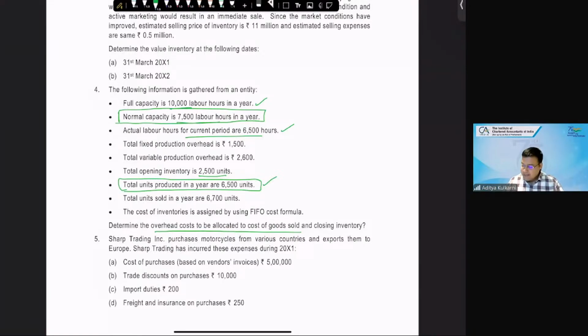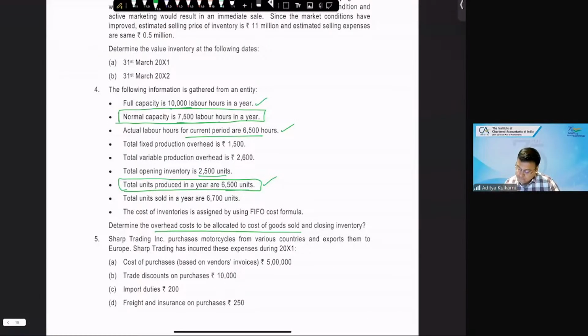Okay. So now let us look at labor hours required. So total units produced 6,500. Actual labor hours 6,500. So therefore, hours taken to produce 1 unit is equal to 1 hour. 6,500 units, 6,500 hours. Now, absorption rate. Absorption rate is equal to, where is it given?